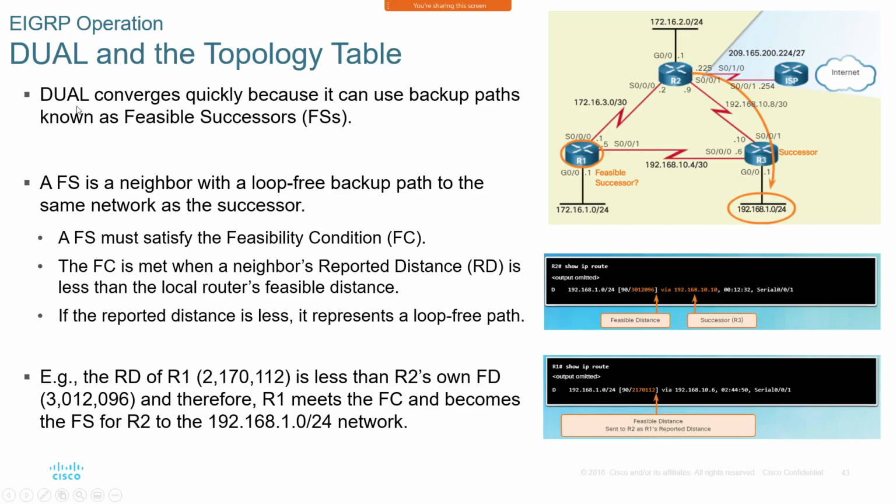Now, once the DUAL algorithm converges, it basically tells us that we have found the best path to reach a destination network. For instance, we can find some extra information about the feasible distance, the successor, and all the other information from the routers themselves using the show ip route command.